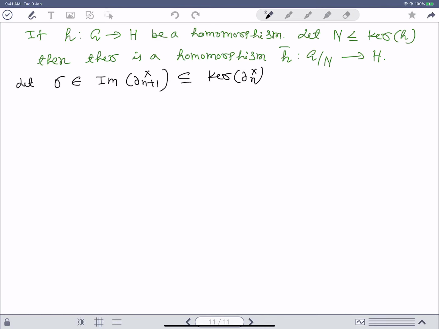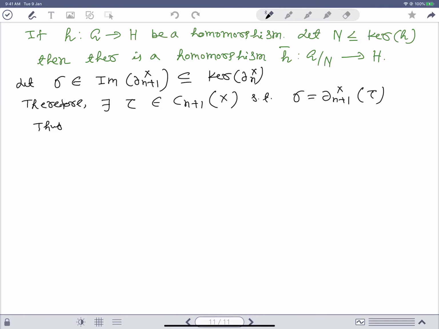First of all, since sigma belongs to image of del n plus 1 x, therefore there exists tau belonging to C n plus 1 x such that sigma equals del n plus 1 x tau, right?